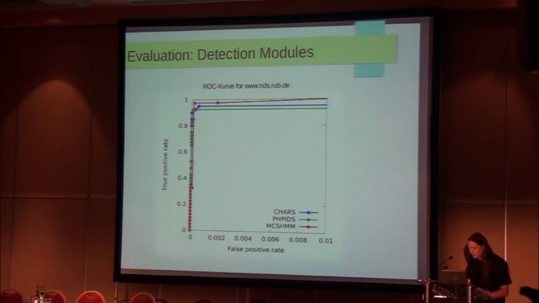The character distribution in this case did very well, even better than PHP-IDS, but this is because the dataset did not contain that many different values. If the variance of the values is not that big, if you do not normally have that many special characters, then this module can give good results. It's also normally the fastest.